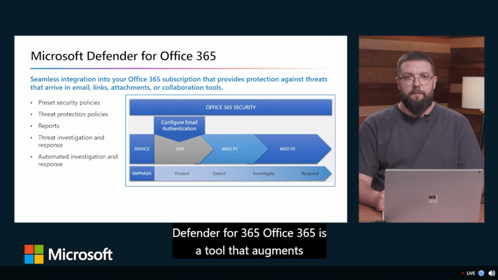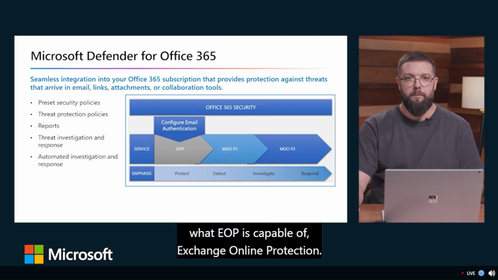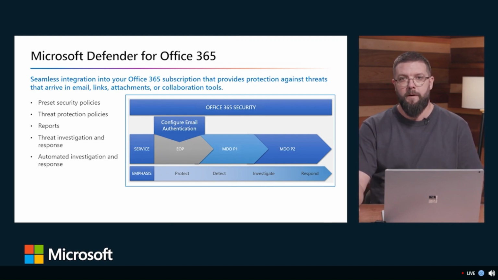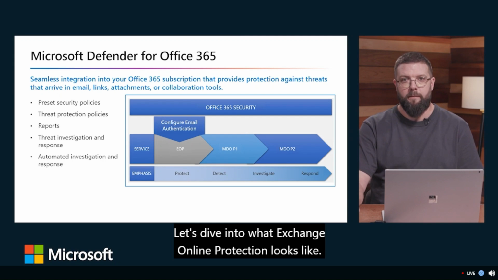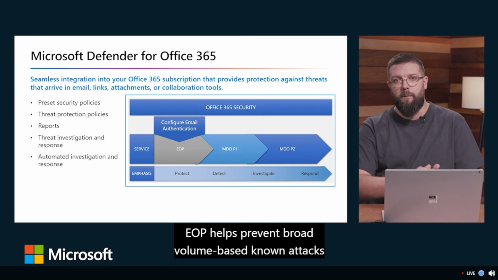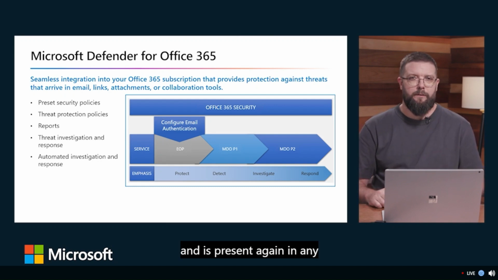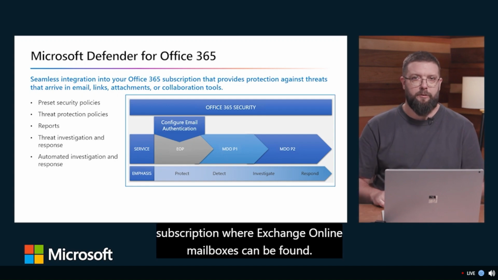Microsoft Defender for Office 365 is a tool that augments what EOP, Exchange Online Protection, is capable of. So let's dive into what Exchange Online Protection looks like. So EOP helps prevent broad volume-based known attacks and is present again in any subscription where Exchange Online mailboxes can be found.